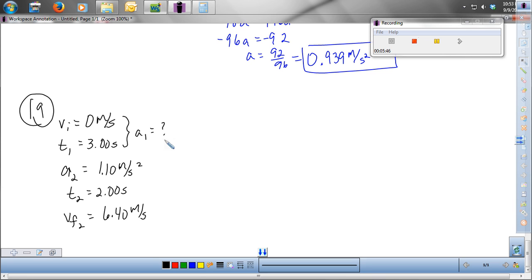Okay. So I said, well, Vf equals Vi plus At to begin with. So I know this is 0, so Vf at the end of the first period is A1 times 3 seconds.